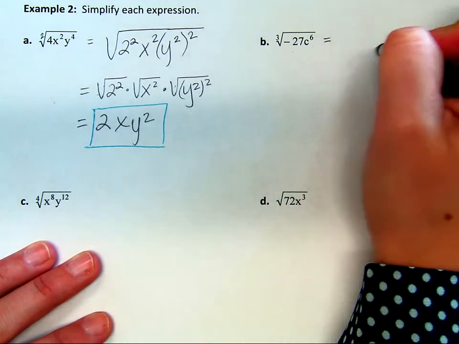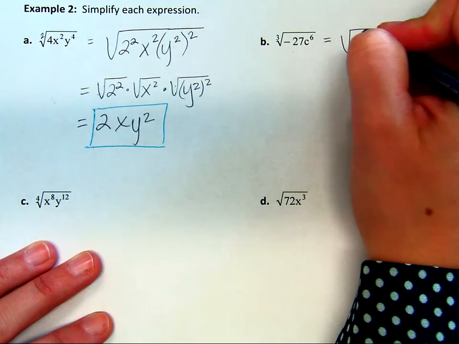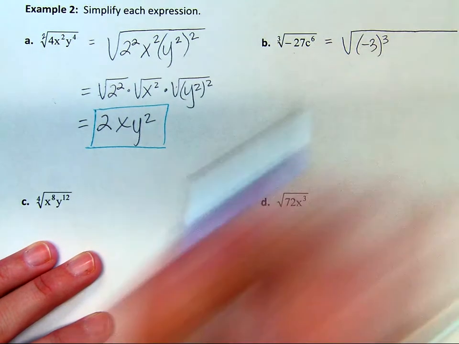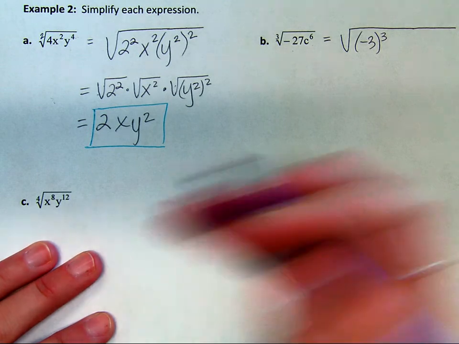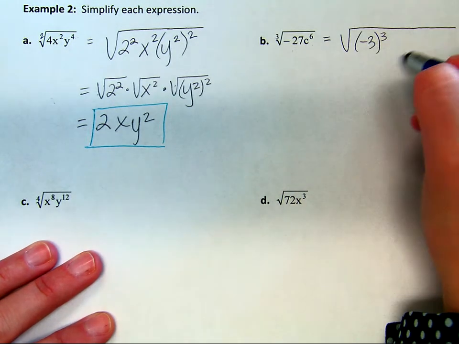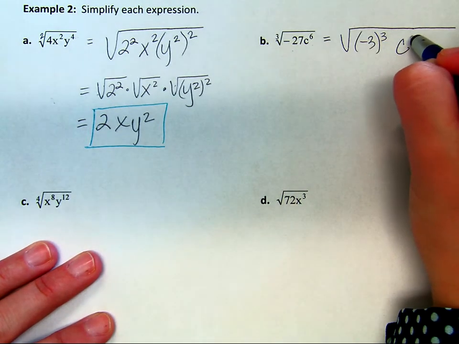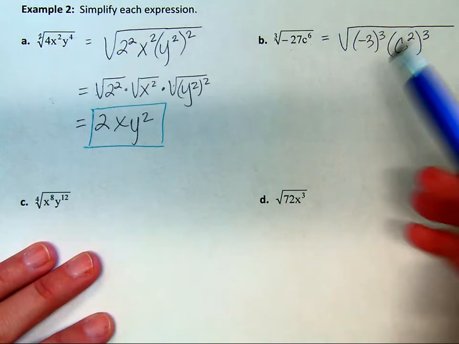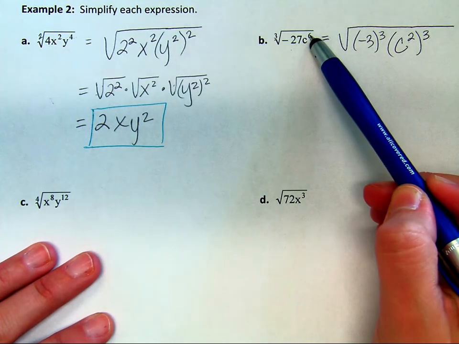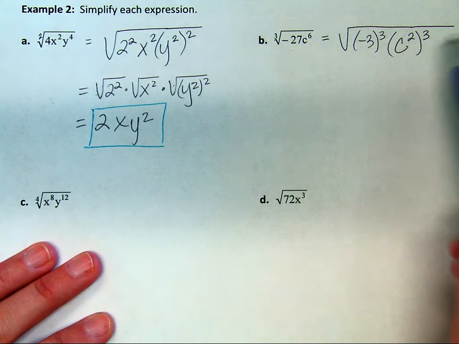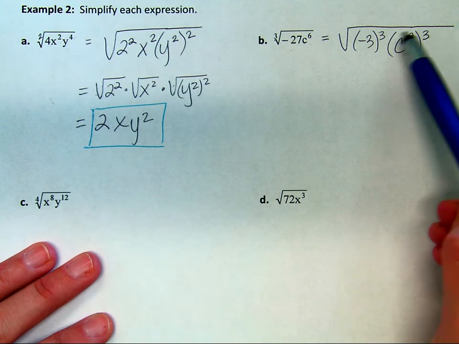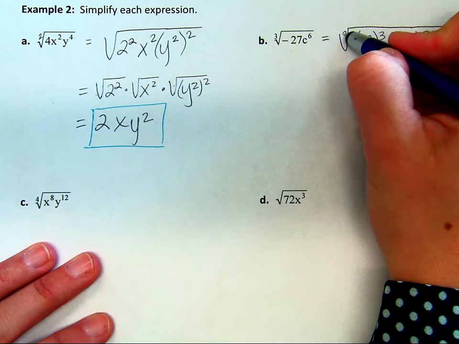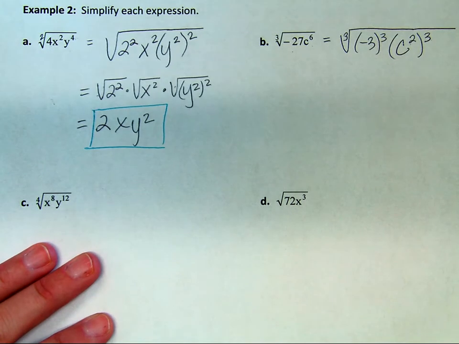So I'm going to rewrite negative 27 as negative 3 cubed, because I know that's the cube root of negative 27. C to the 6th, I'm going to rewrite as c squared cubed, because 2 times 3 is 6, so I didn't change this value at all. Oops, I forgot to do my index there. That's important. Put your 3 there.